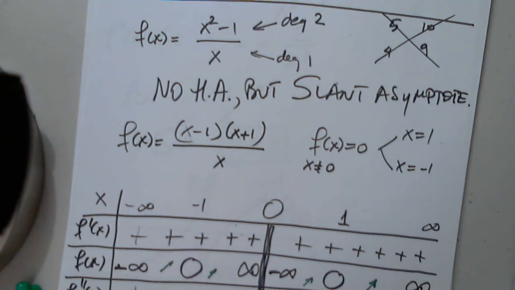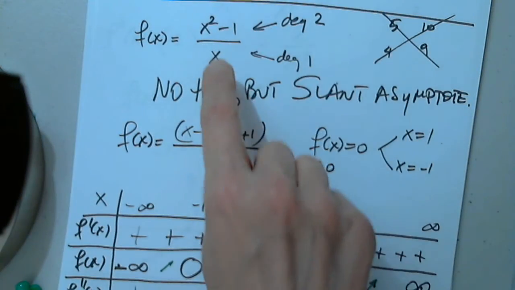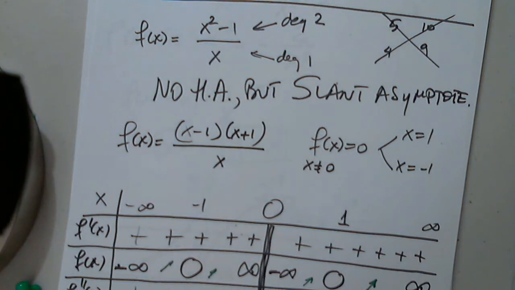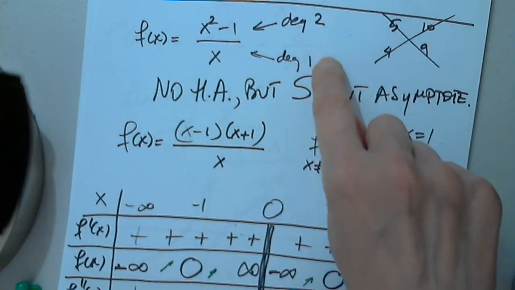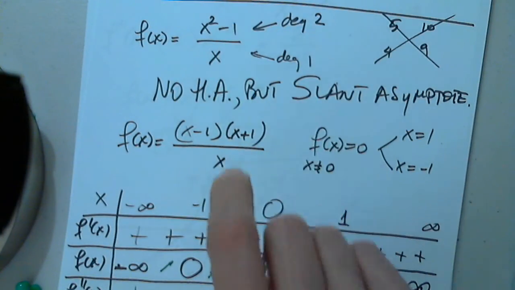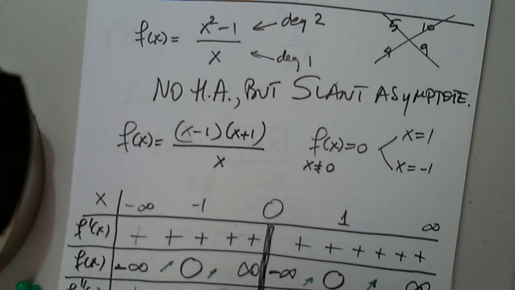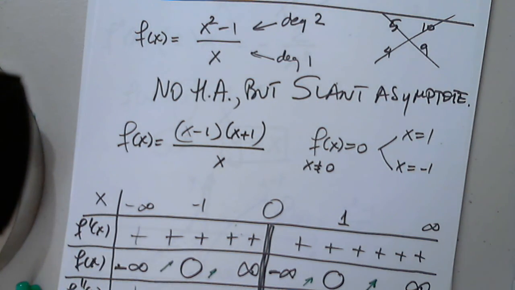And you'll say yes or no. If the degree here is 5 and the degree here is 1, you will say no, because the difference in degrees has to be exactly 1. The top has to have a degree exactly 1 unit higher than the degree of the denominator for a function like this to have a slant asymptote.